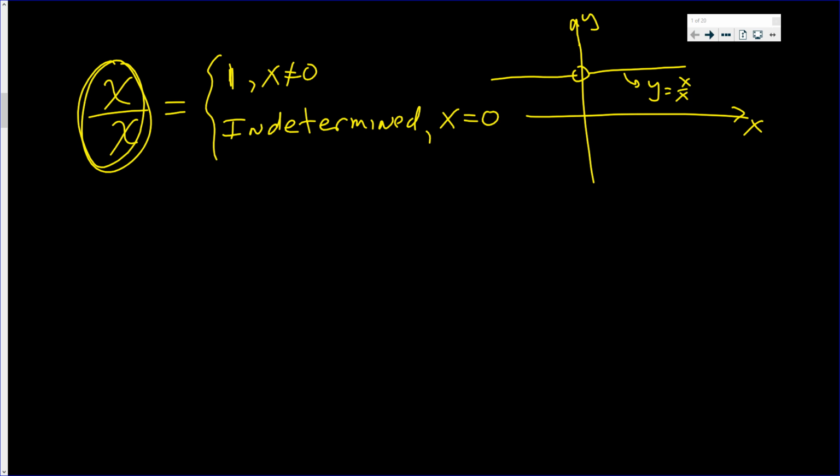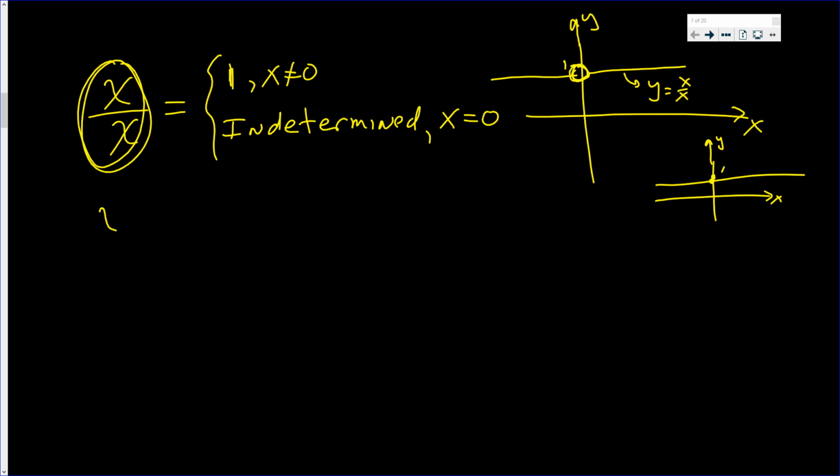Because if x over x equaled 1, then I would have drawn the line y equals 1. It'd be there. But we didn't get that. We got a hole right here. That's because x over x is not always 1.